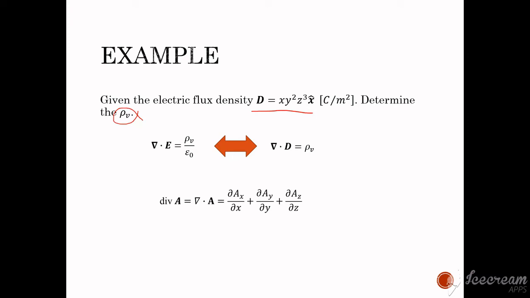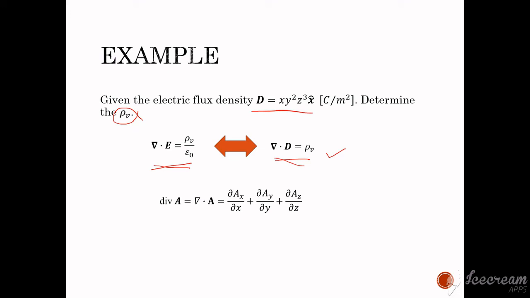This is the differential form of Gauss law with electric field, and this is when we change it into the electric flux. Here we are opting for this one because we don't have to deal with the permittivity that we have in this form of the differential form of the Gauss law.